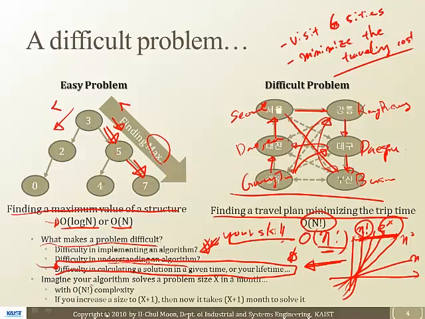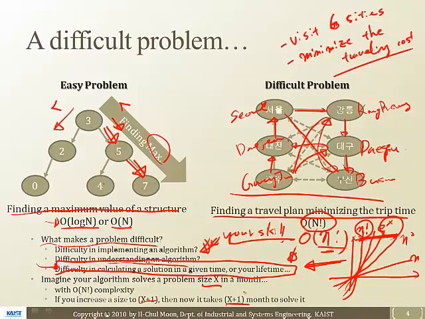So imagine an algorithm that can solve this problem given a size of x. Then if we increase the size just one little bit, it's going to take x plus 1 times more time to solve it, and it's going to keep increasing.